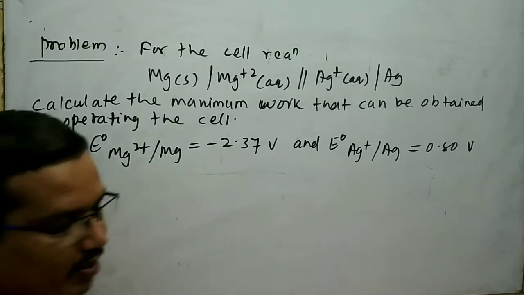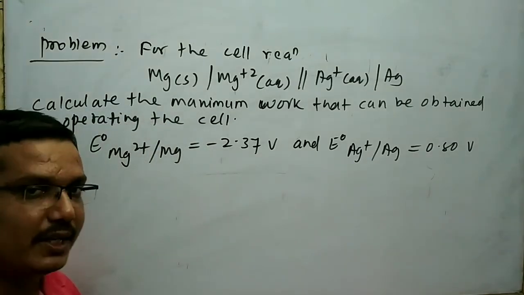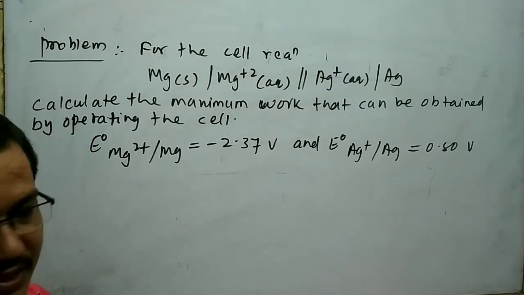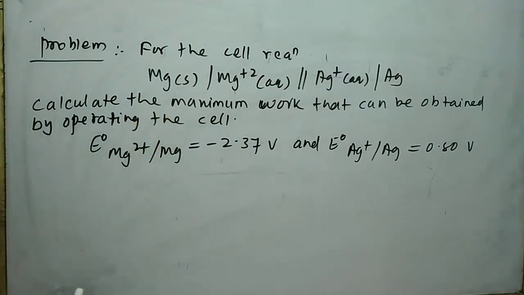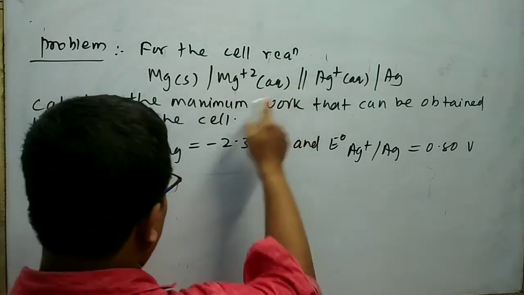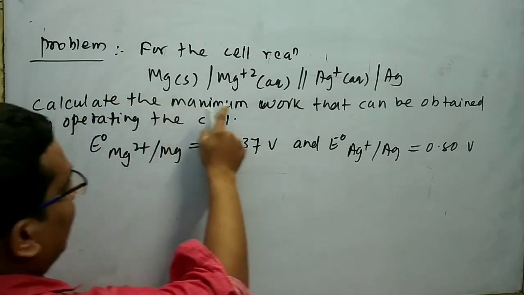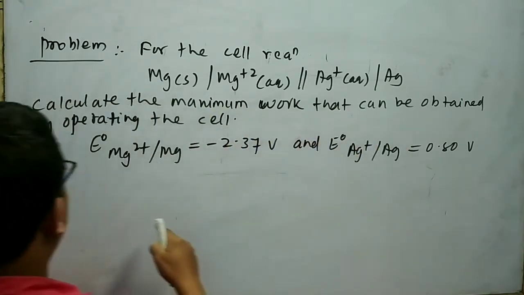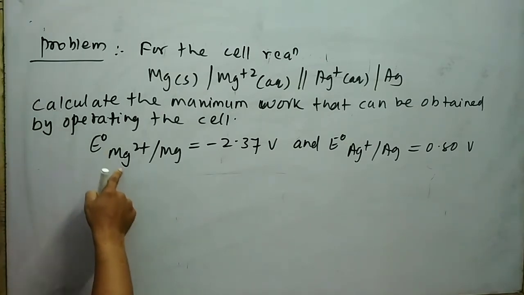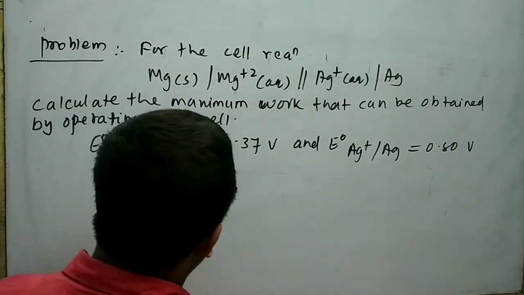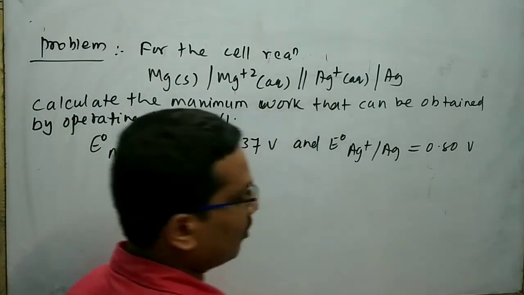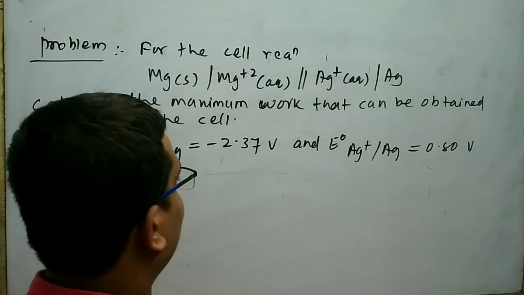Now I will solve a problem related to the relation between free energy and EMF of the cell. This is the problem. For the cell reaction, this is the cell representation. Calculate the maximum work that can be obtained by operating the cell. Here E0 Mg2+/Mg equal to minus 2.37 volt and E0 Ag+/Ag equal to 0.8 volt.